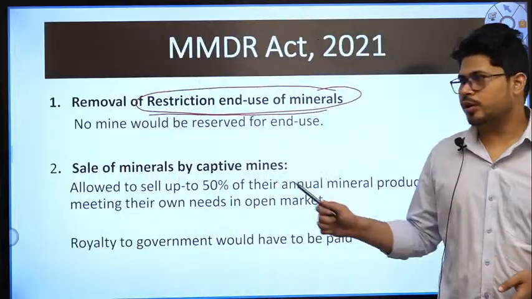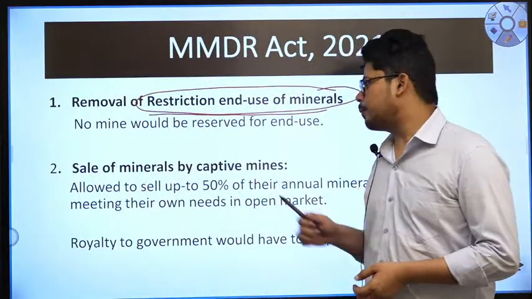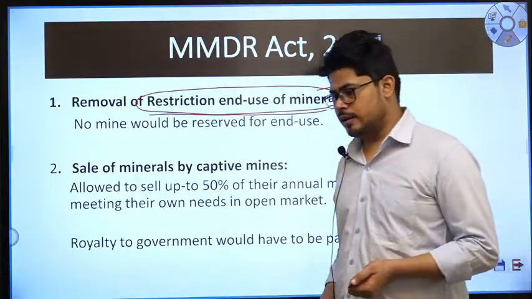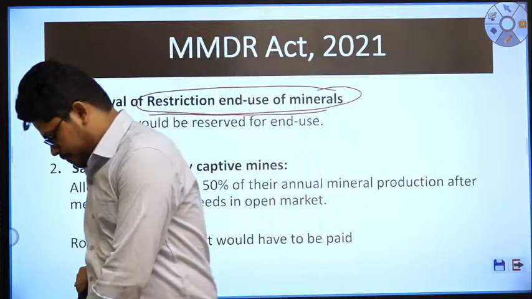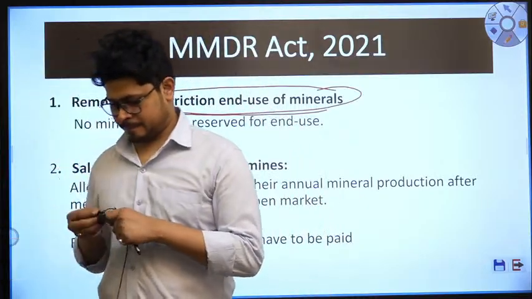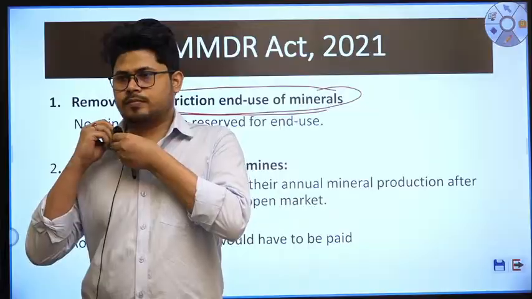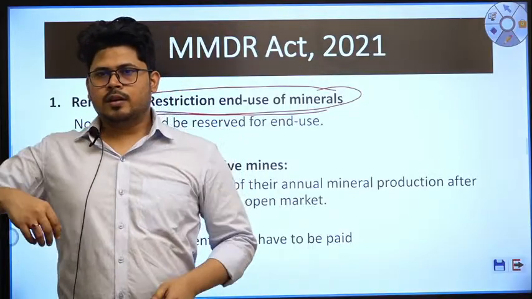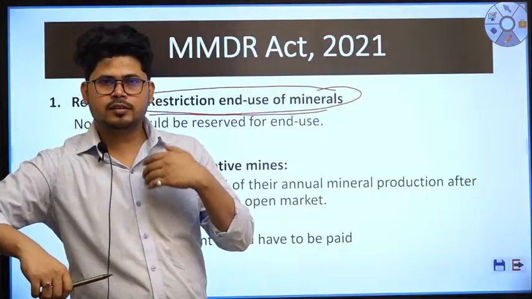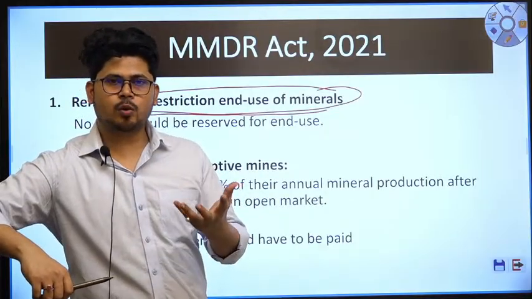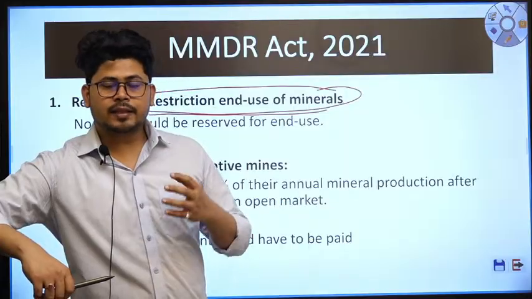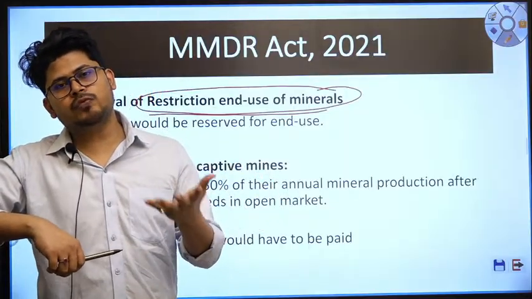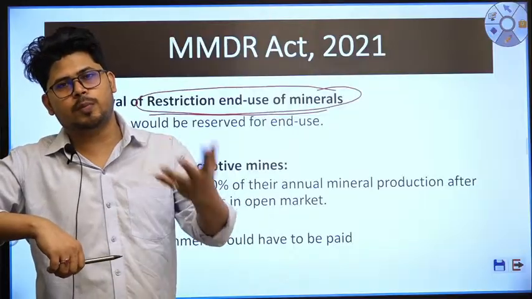Now the second very important provision is sale of mineral by captive mine. जो existing captive mines हैं, if they are able to fulfill their own demands, है ना, then after fulfilling of their own demand for the mineral, they can sell up to 50% of their mining into the open market.